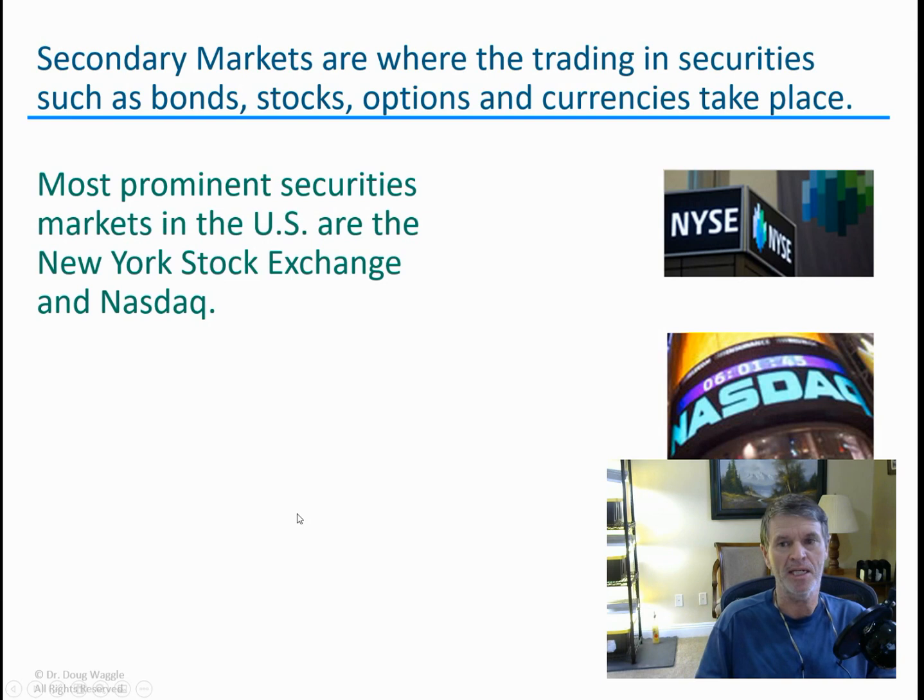So secondary markets are where securities are traded after they're issued. The two biggest secondary markets in the U.S. that deal in stock are the New York Stock Exchange and NASDAQ.